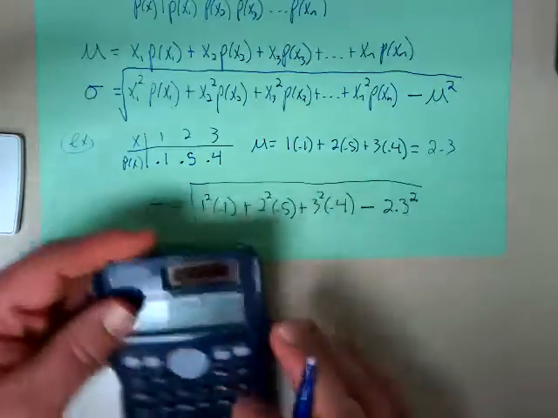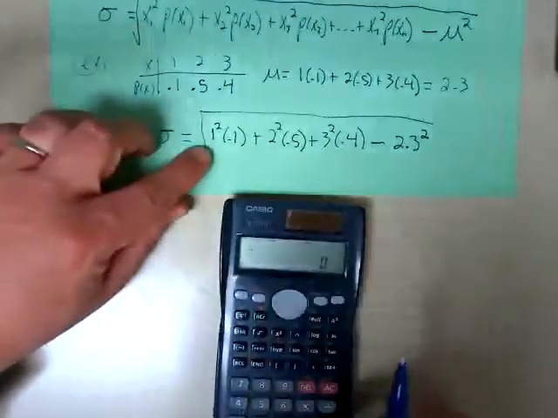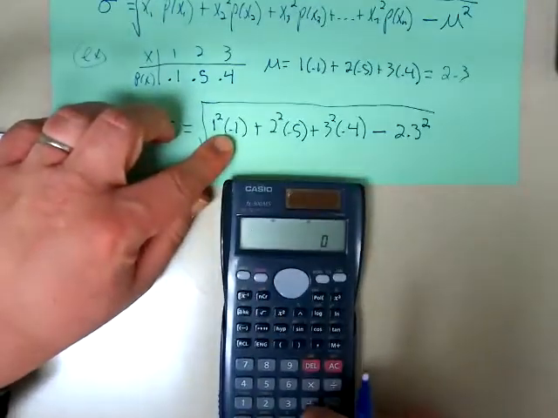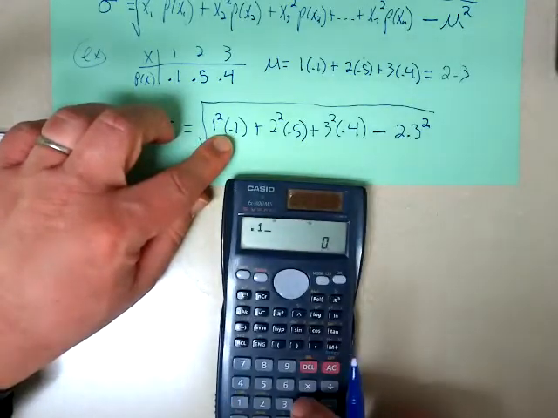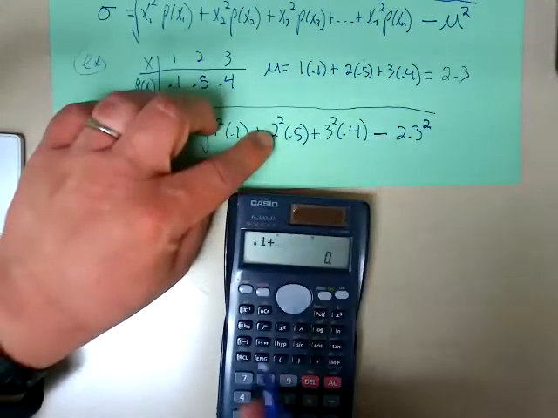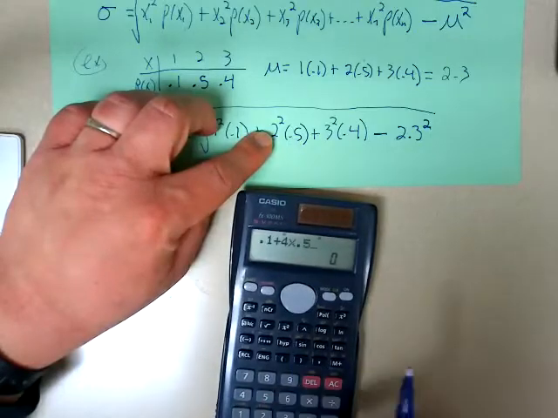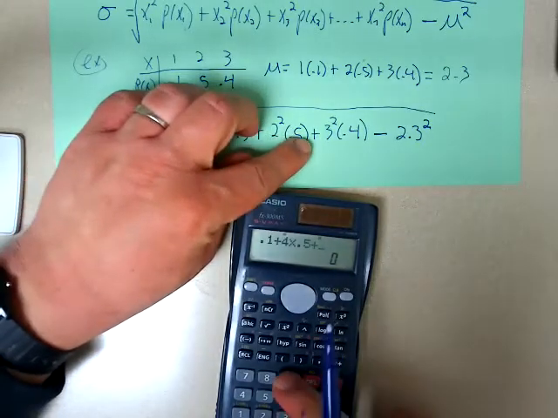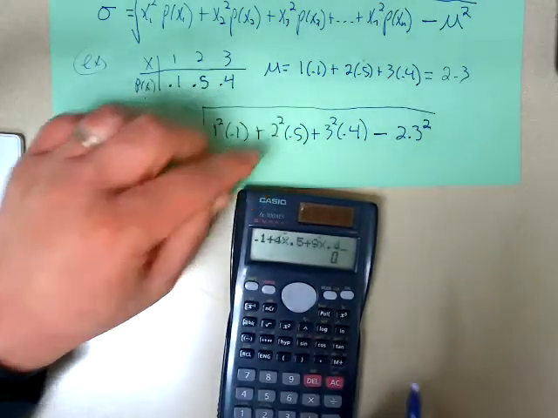Let's go ahead and try. 1 times 0.1 is just 0.1. This will be 4 times 0.5 plus 9 times 0.4.